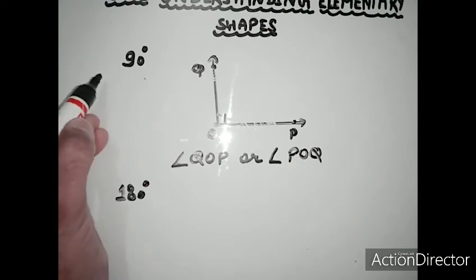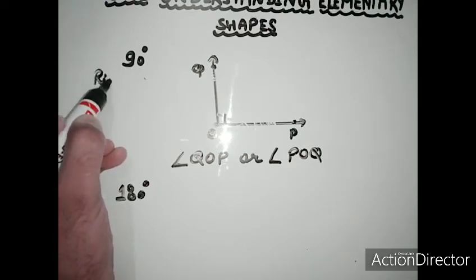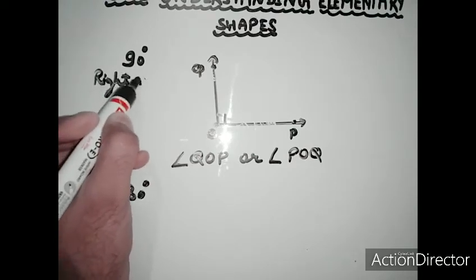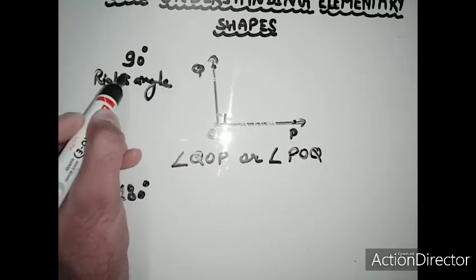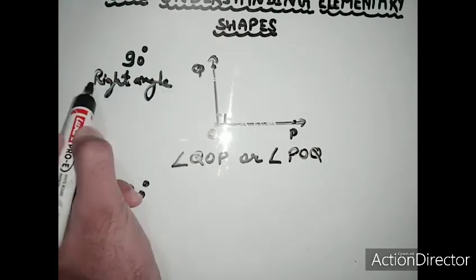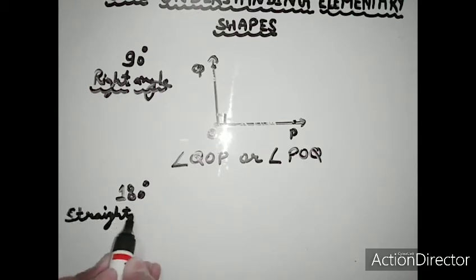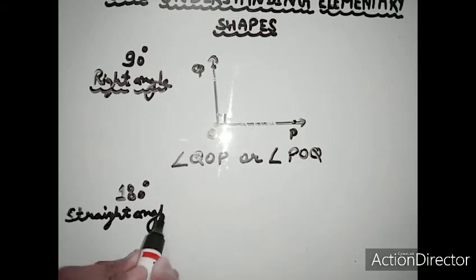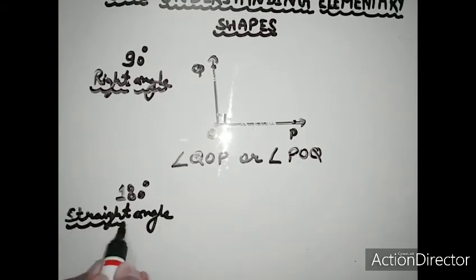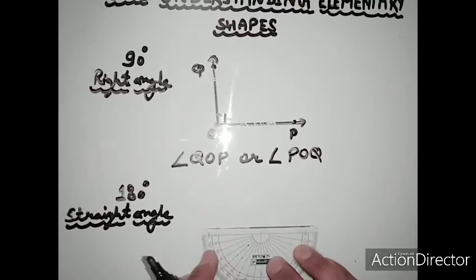A 90-degree angle is known as a right angle, and a 180-degree angle is known as a straight angle. Now we draw a straight angle.